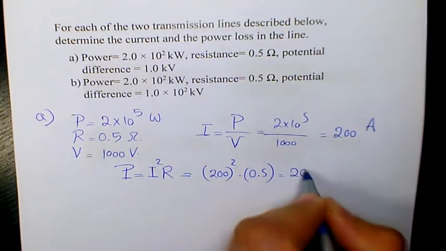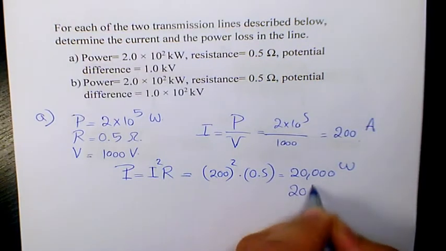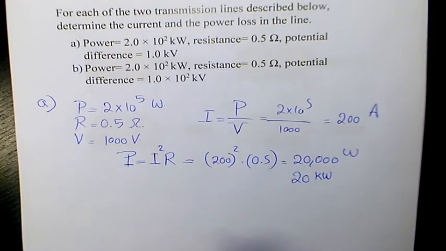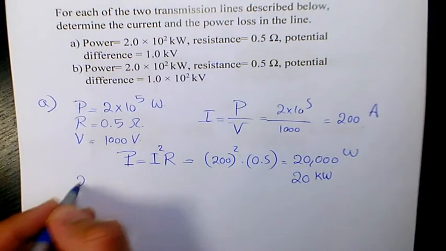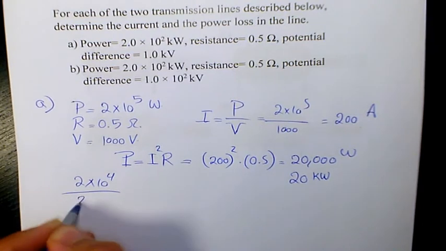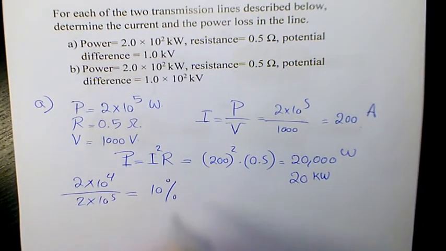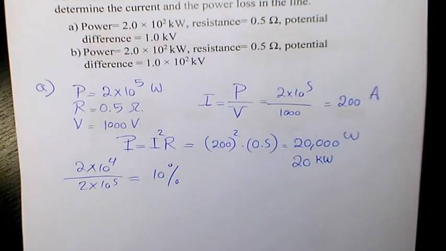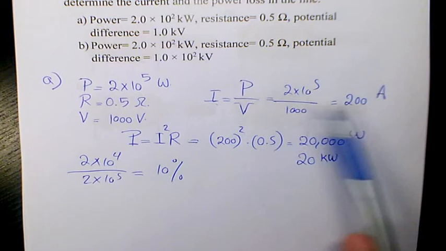It's going to be 20,000 watts or 20 kilowatts. So the percentage of electricity lost is going to be 2 times 10 to the power of 4 divided by 2 times 10 to the power of 5, which will be 0.1 or 10%, because of these high electric currents.